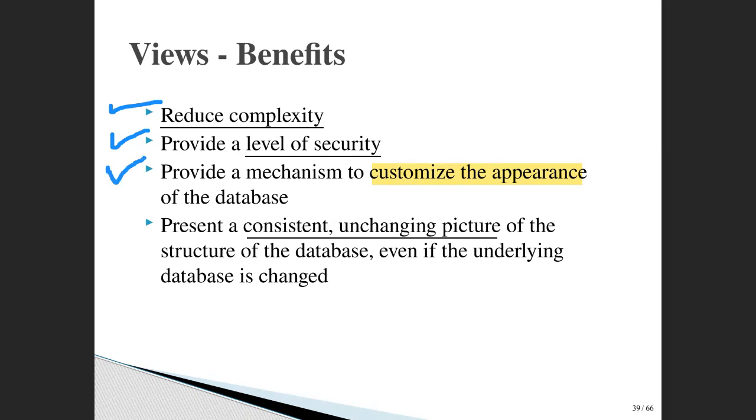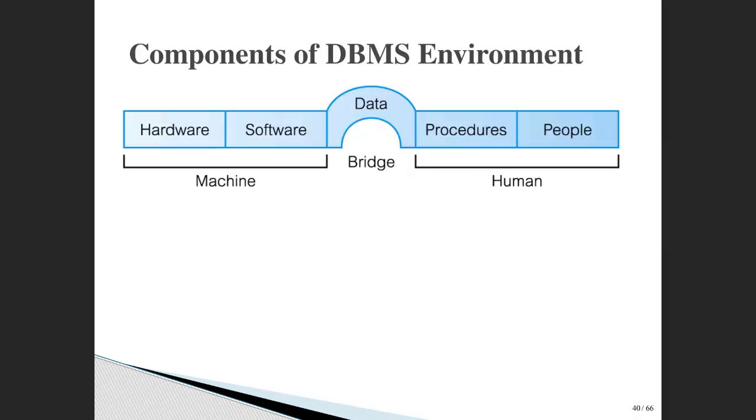No complexity, it will be simple. Level of security by hiding a certain amount of data from some users, customizing the appearance, and a consistent and unchanging picture. All right, now these are some benefits of having the views.